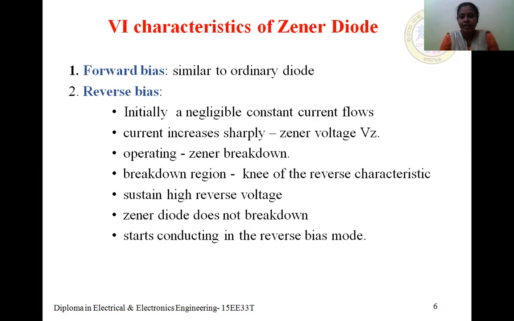If we increase the current there, the diode gets damaged in reverse bias. Whereas in a Zener diode, if we increase the current, the diode operates safely in the reverse biased condition. So this is about the VI characteristics of the Zener diode.